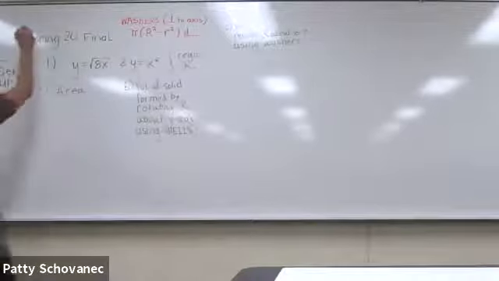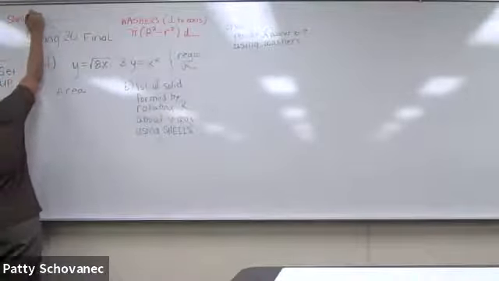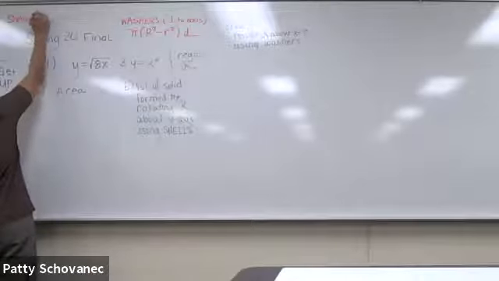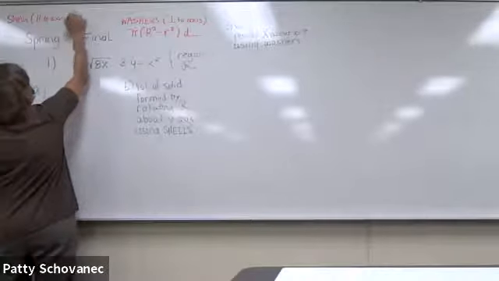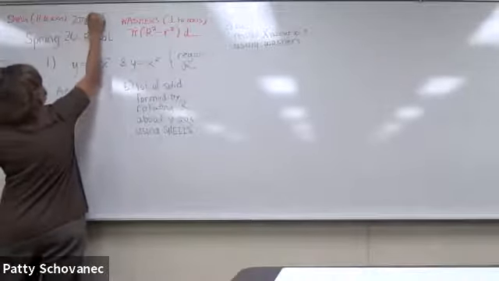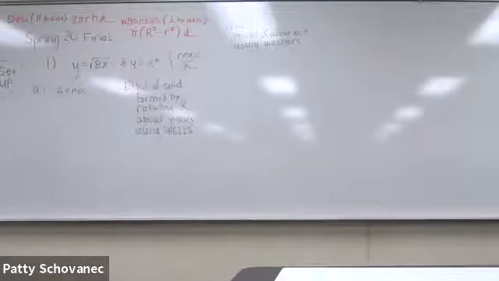And if we're using shells, our little partitioning element is parallel to the axis of revolution. And our plan is 2 pi RH times the d whatever, which is the thickness again of the partitioning element. But with area, we just partition the region. We'll look at the region, and if it's possible to set it up dx and then dy, we'll do it both ways because that's just what we do.